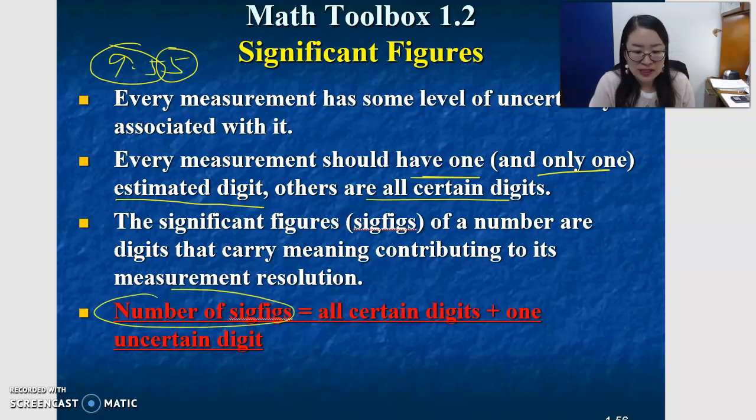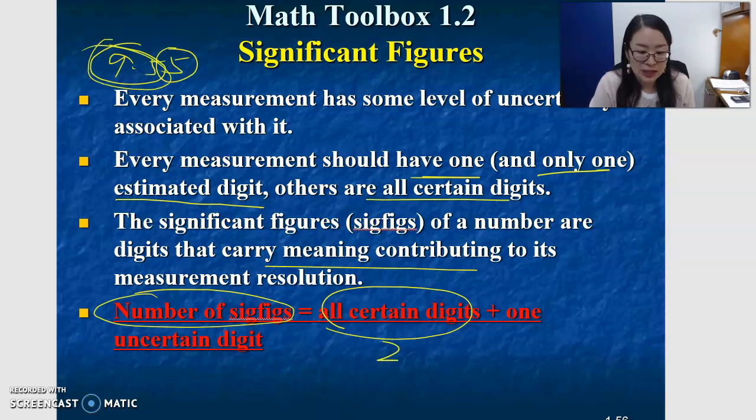So the number of sig figs, which carries meaning for this measurement, equals all certain digits plus one uncertain digit. Together for this measurement, 9.55 centimeter for the heel of the high heel shoes, that is 3 sig figs. Significant figures we also call sig figs for short.